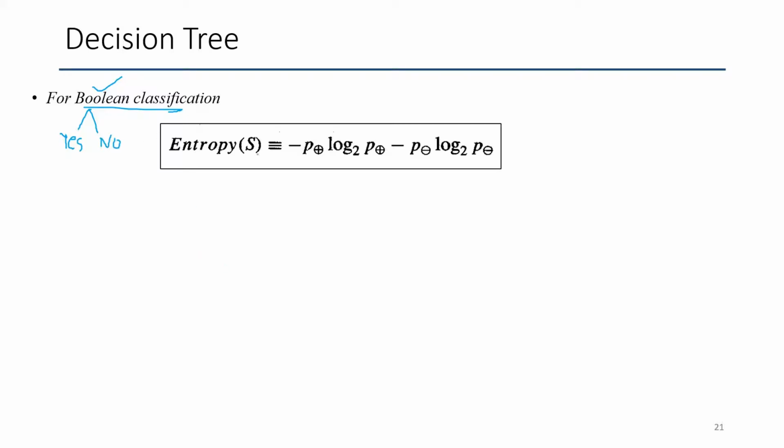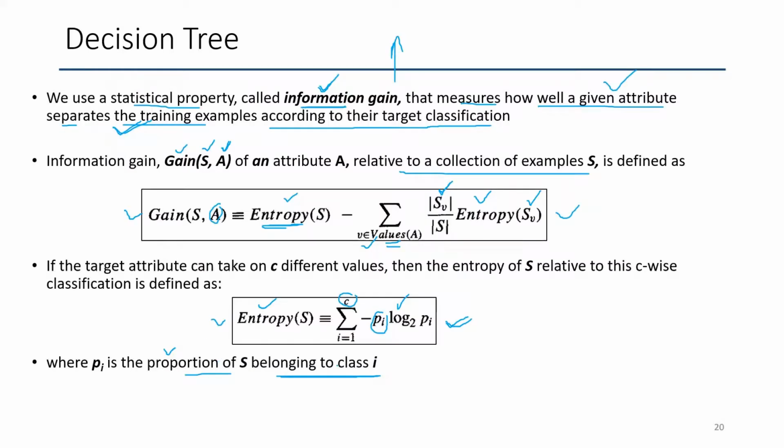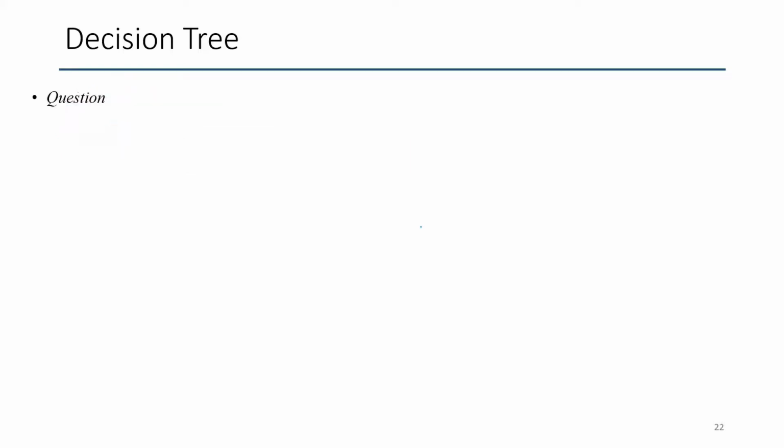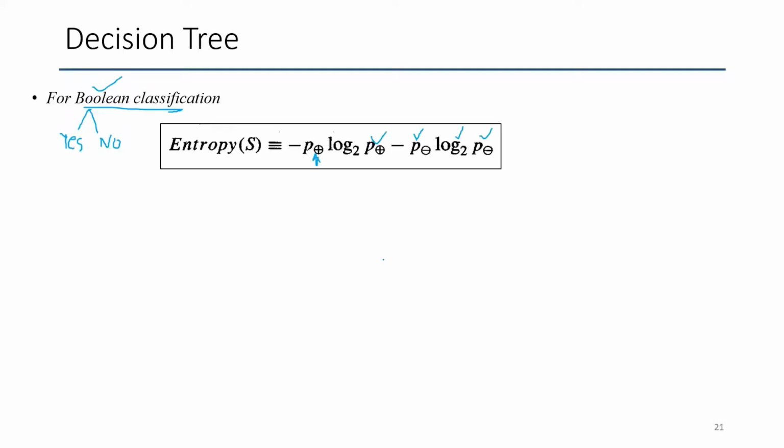Then the entropy formula becomes a summation over 2 classes: minus p positive, the proportion of positive examples, log base 2 of the same thing, minus the proportion of negative examples times log base 2 of the same thing. So let us calculate the entropy scores for the given examples.